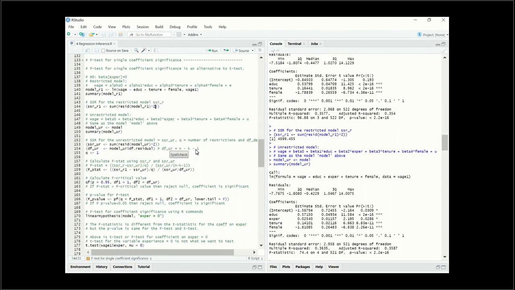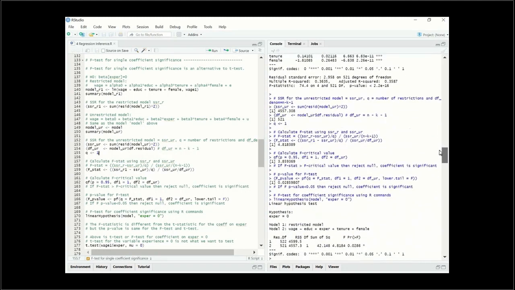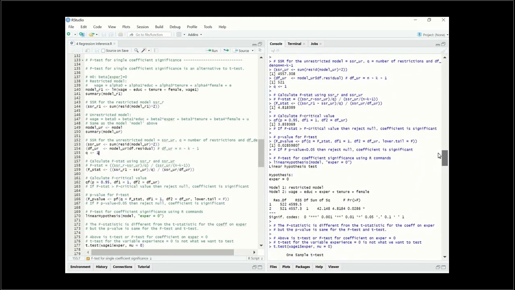That's how we're going to get n minus k minus 1. And here Q would be equal to 1 because we're testing one restriction, so one coefficient being significantly different from 0. So here is the sum of squares for the unrestricted model. This is the degrees of freedom for the unrestricted model.